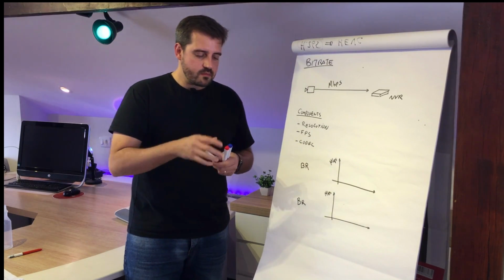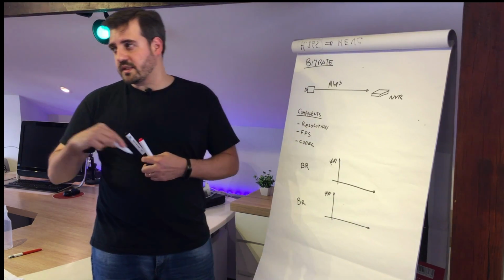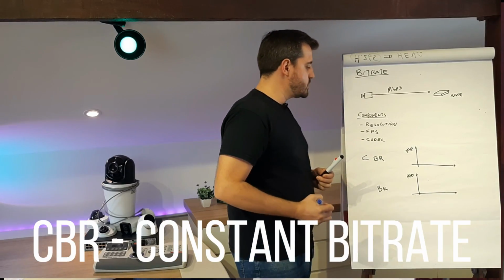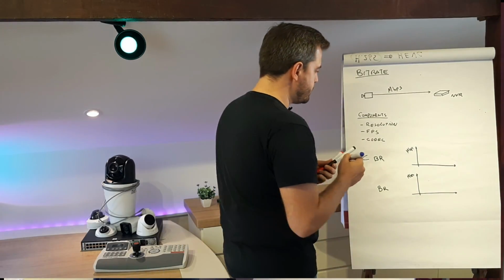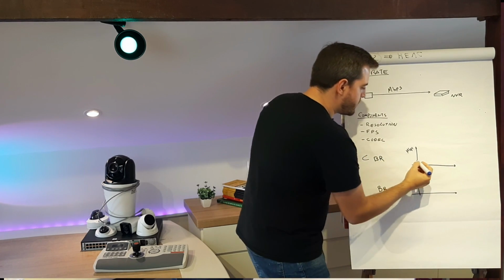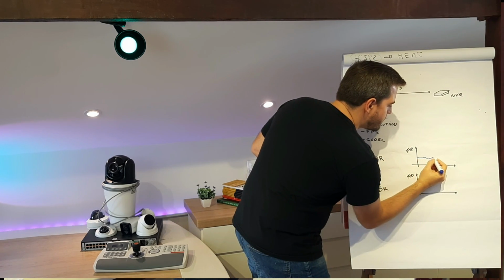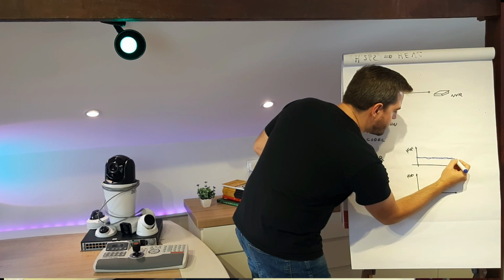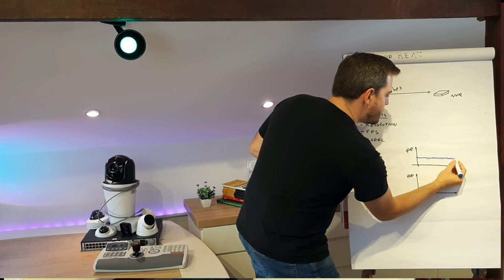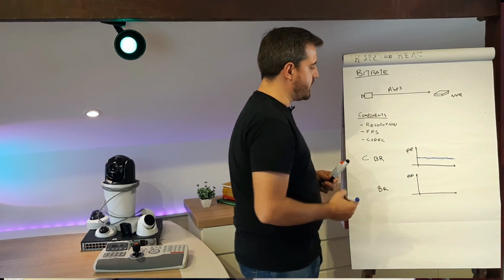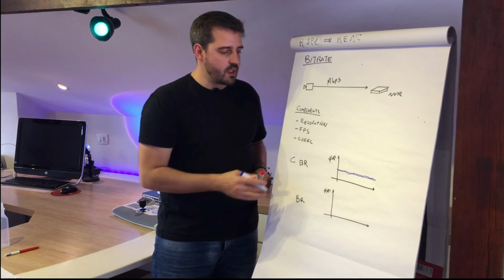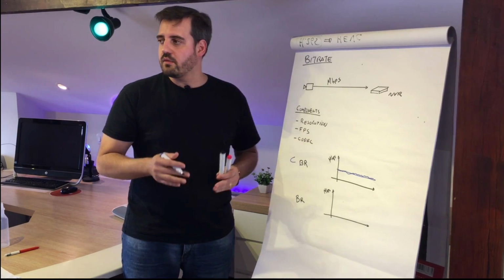And we have two types of bitrate that we can set in the camera. The first one is the constant bitrate. The constant bitrate will basically send a fixed bitrate to the NVR, a constant flow of information.